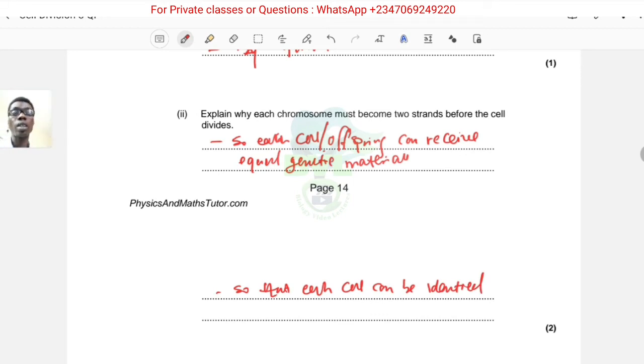All right, so that the number can go equally and the cells will be identical. So this is having 46 chromosomes, you also have 46 chromosomes. Not like this is having 45, this is having 40.